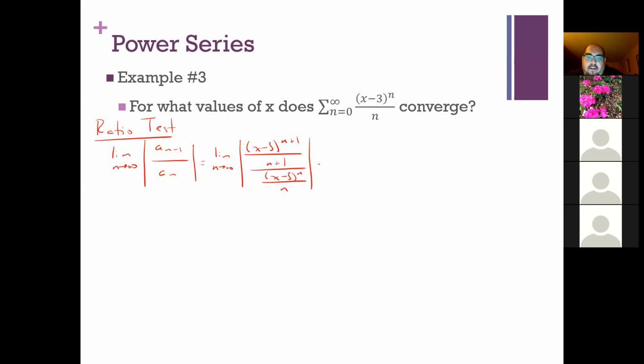All right, so from here, help me simplify. On the top term, you could split it up so it's x minus 3 to the power of n and then x minus 3 to the power of 1. Good.